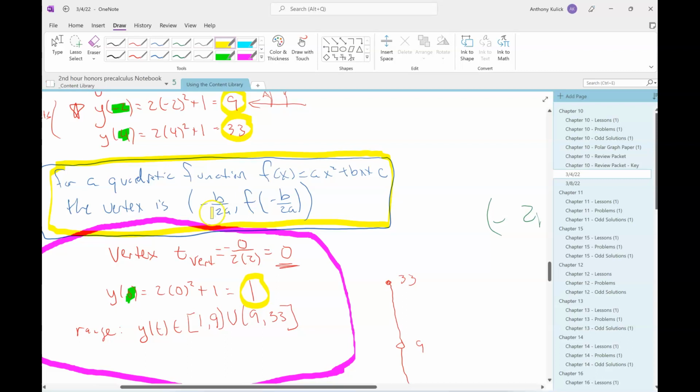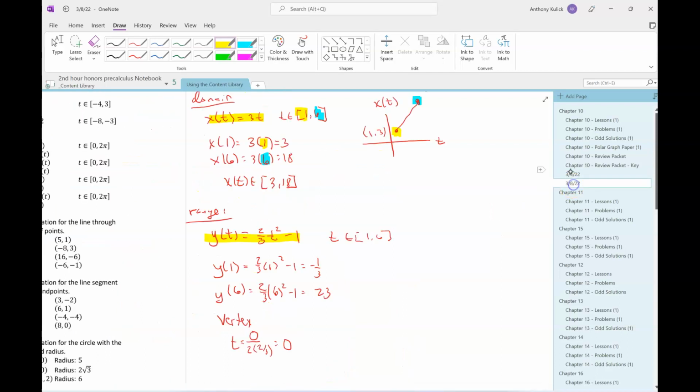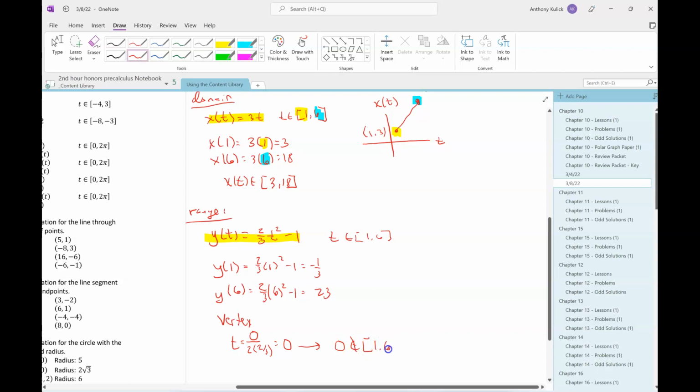So I started just by finding the x coordinate, or the independent variable, the input for that. Since in this case it's really a t coordinate. But here, what do I notice about 0? Zero is not in our interval for t, so guess what? It doesn't matter.